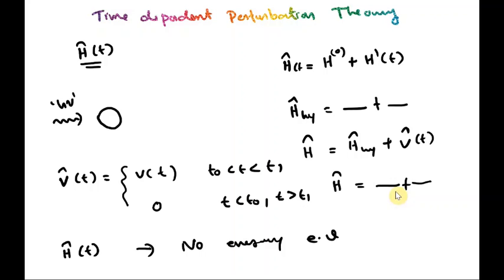And whatever energy eigenvalue you are going to get here need not be the same as the initial state, because there can be some sort of transition because of the time dependent Hamiltonian. There will be transition between the states, and the energy eigenvalues in that case cannot be the same. So this is not required to be the same. The state will get modified due to the time dependent Hamiltonian.